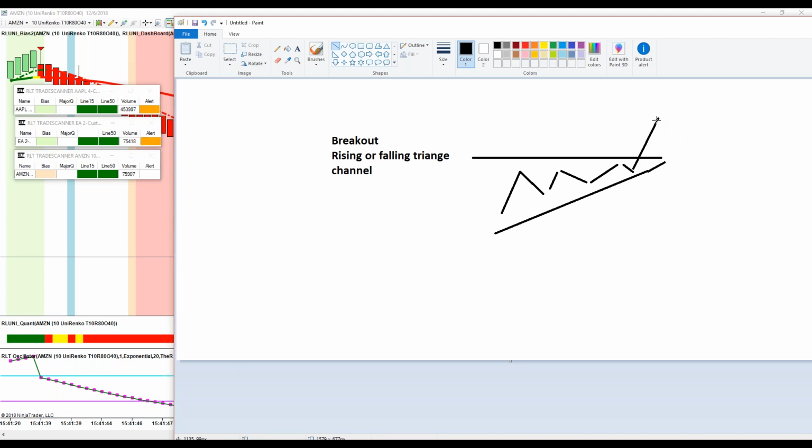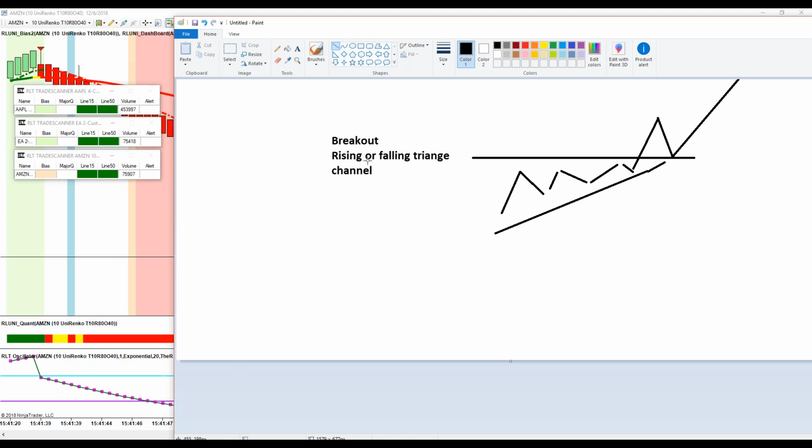But what you have to do in order to trade a rising triangle appropriately is you have to wait for price to come back, test support, and then rise. And these are the kind of signals that these scanners don't give you.